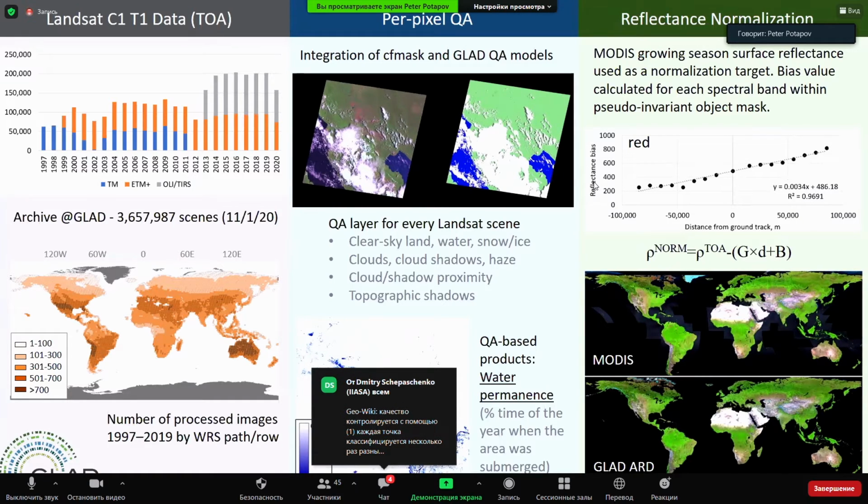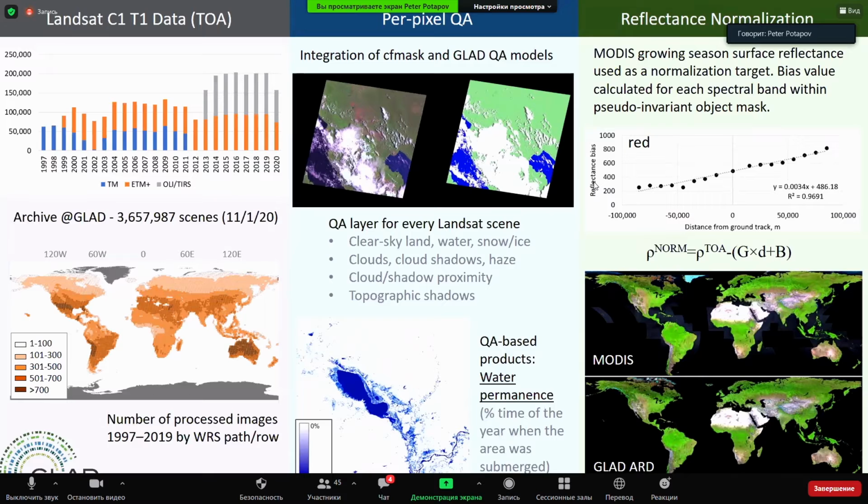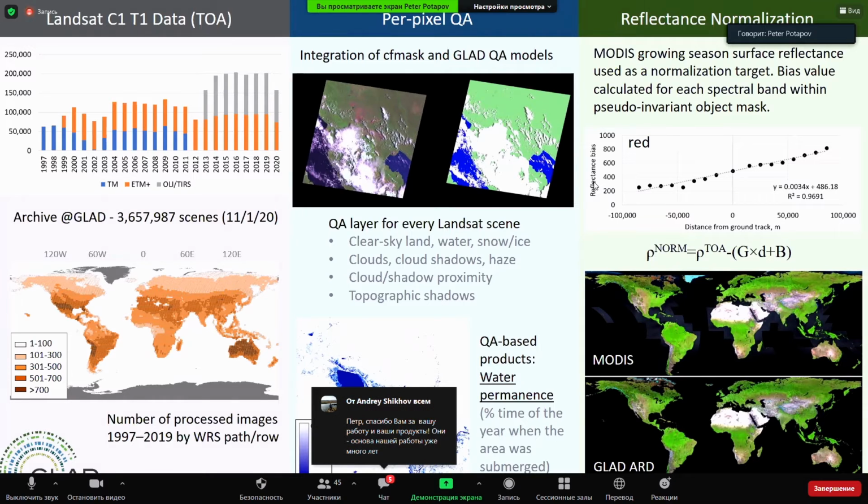The next stage is radiometric correction. Usually, we use data without correcting for the atmospheric interference. We use the MODIS data that shows the surface reflectance for normalization of data, and this normalization happens automatically.